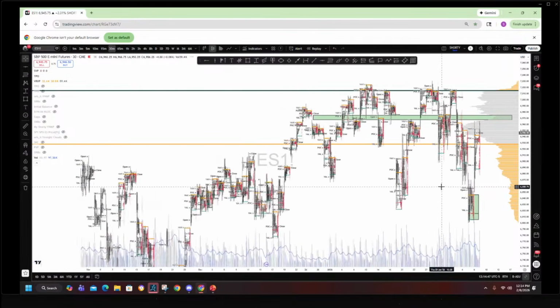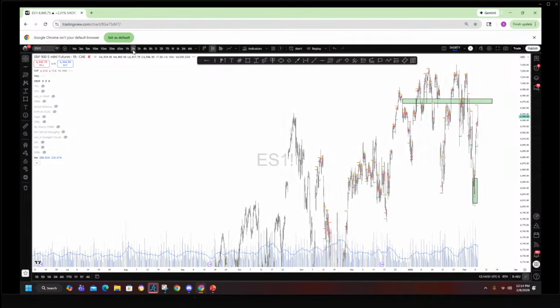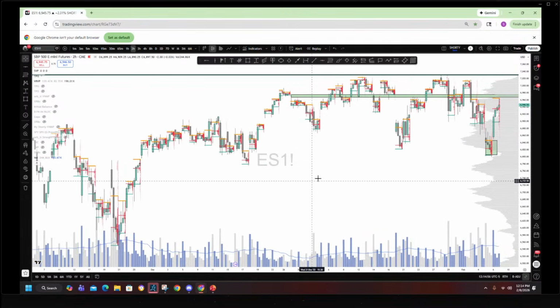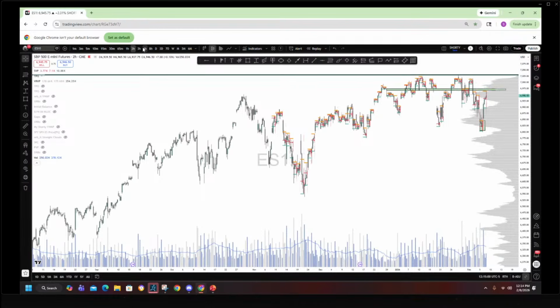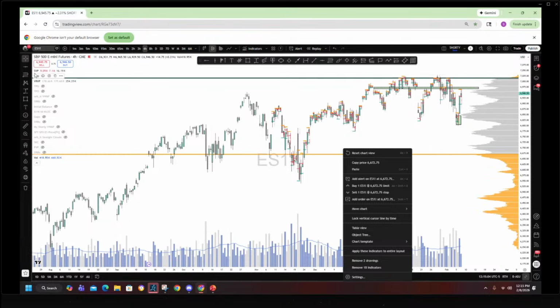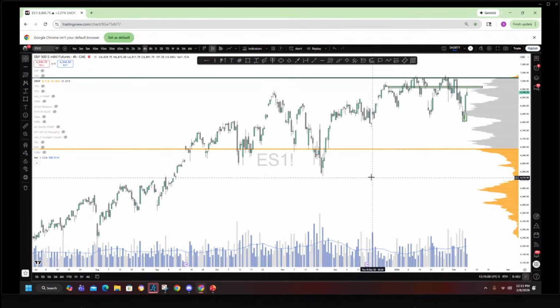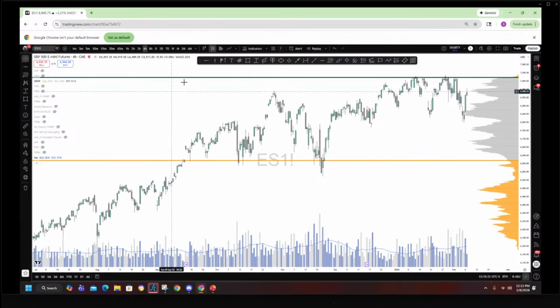Well, can it? Sure. But I would say look at the zones not only on that 30 minutes, but zoom out a little bit and identify your zones on higher time frames. So if you look here, I'm just going to go to maybe 4 hours. I'm going to hide this so you can see it. Okay. Where are your low volume nodes now? Let's identify them one by one.